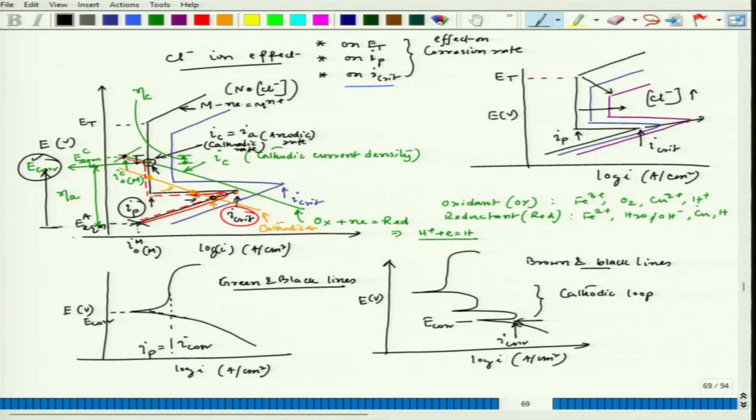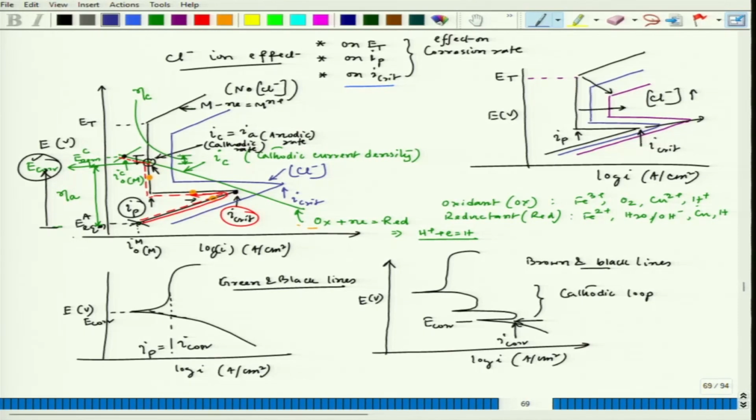Now, interestingly, coming to the situation where we have chloride ion, which is the blue one. So, let me just remove those brown curves so that it becomes easy for us to explain. Okay. Now, this blue one corresponds to having chloride ion. So, the entire anodic plot has moved towards the right and I critical has gone up.